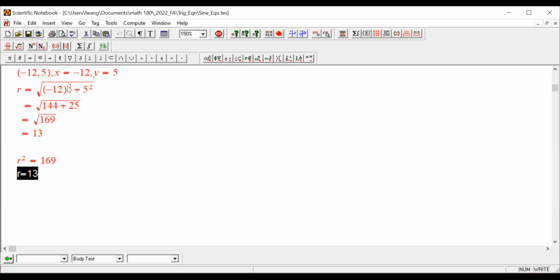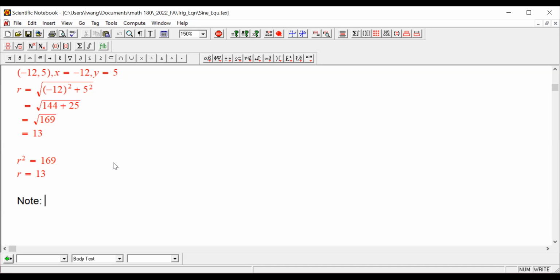It's not wrong, it's okay, and I did not deduct any point. However, I do want to point out the following situation, because in the question we are working with, r is positive. r is defined as the root of x squared plus y squared, so r is positive. So these two steps don't get you in trouble.